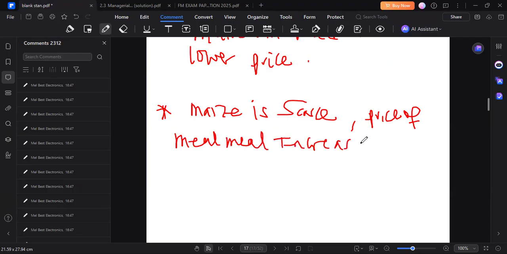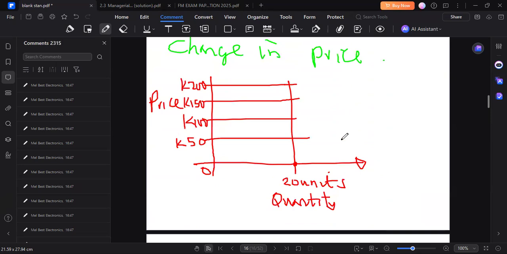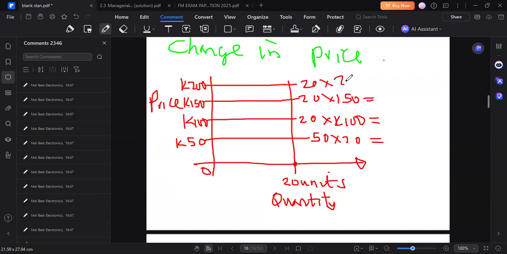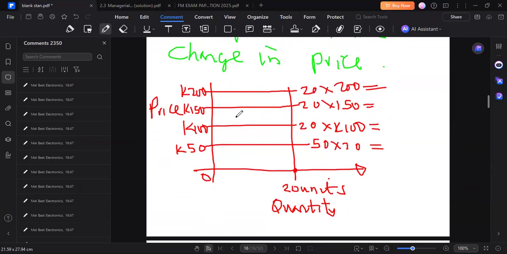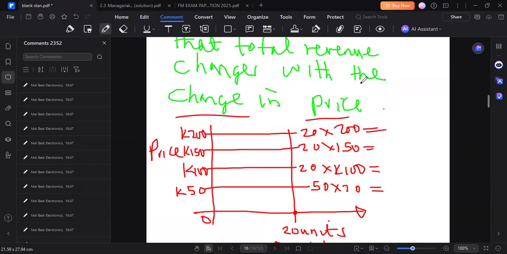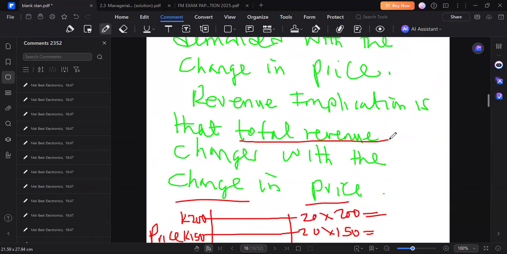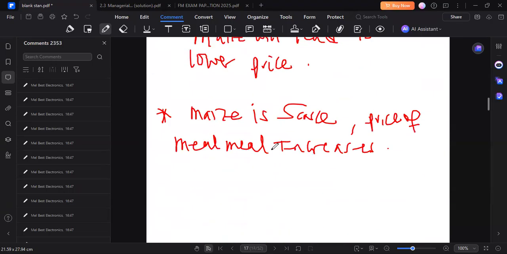This is what happens to demand. So here, the total revenue changes with a change in price. This one will be 20 times 20 kwacha, this one 20 times 100 kwacha, this one 20 times 150 kwacha, this one 20 times 200 kwacha. So total revenue changes with the change in what? Price. What is total revenue?